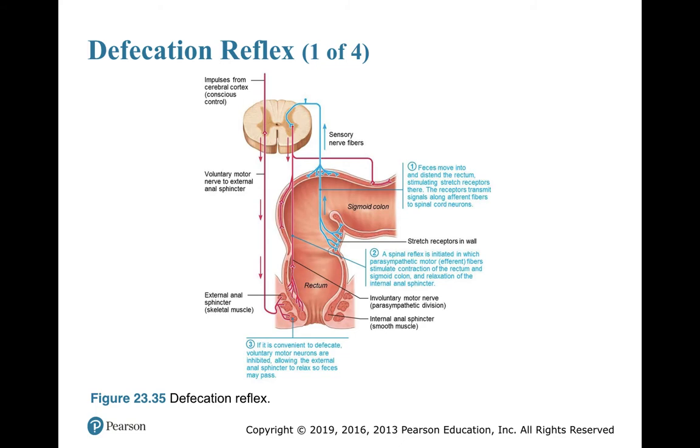So this is a spinal reflex. Impulses can come down from the cerebral cortex for conscious control, voluntary motor nerve to the external fibers, open that, and then when stretch occurs in the sigmoid colon, it sends a message here to sensory neurons, and that sends the reflexive action to get it as far as here.